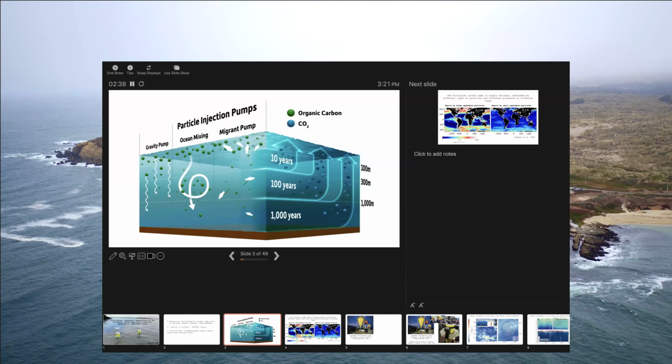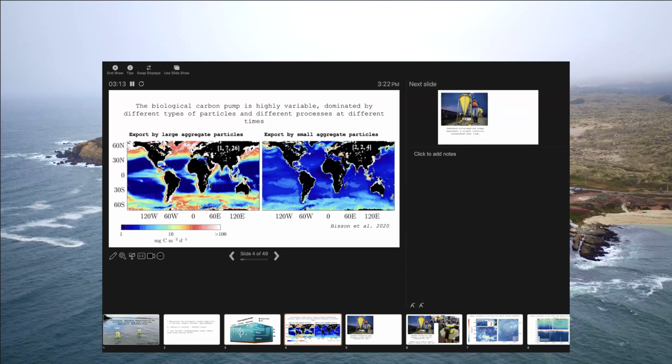This matters because the depth the carbon reaches before it's remineralized back into inorganic forms impacts the sequestration time of that element. Carbon that's remineralized in the upper ocean may only reside a year, a season, maybe up to 10 years. Whereas if it can get below the seasonal mixed layer, into the interior of the deep ocean or near the bottom, the residence time can be much longer, hundreds or thousands of years.